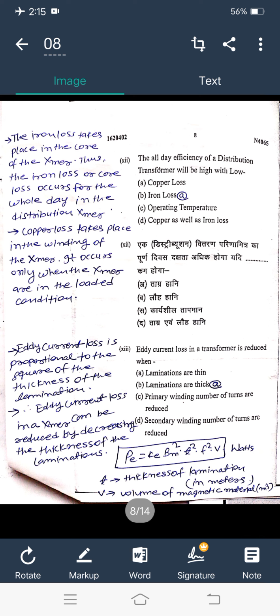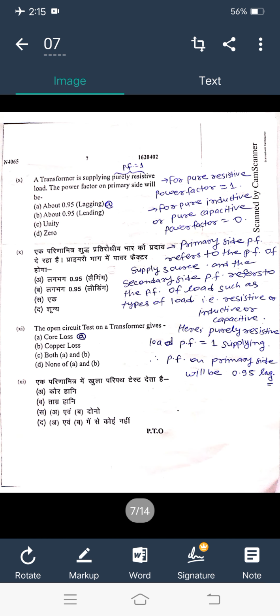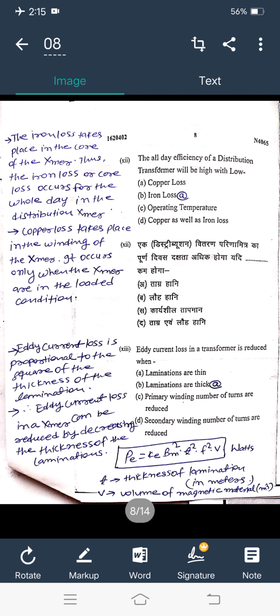Question number 12. The all-day efficiency of a distribution transformer will be high with low iron loss. This is another basic theory of the distribution transformer.